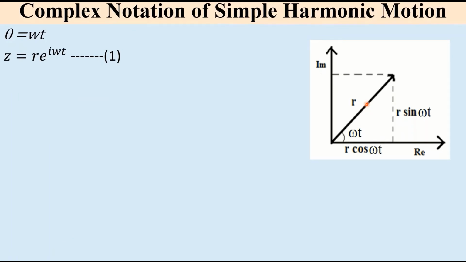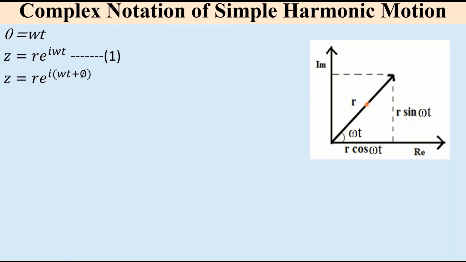When t is equal to 0, if theta is not 0 or z is already making an angle phi, then z is equal to r into e to the power i (omega t plus phi). So this is the complex notation used for simple harmonic motion.